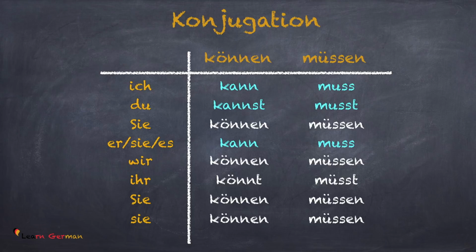Ich muss, du musst, er, sie, es muss, wir müssen, ihr müsst, sie müssen. Do remember that during conjugation of the modal verben, the ich and the er, sie, es forms are the same. For the conjugation of du, you just add an st to the conjugation of ich.